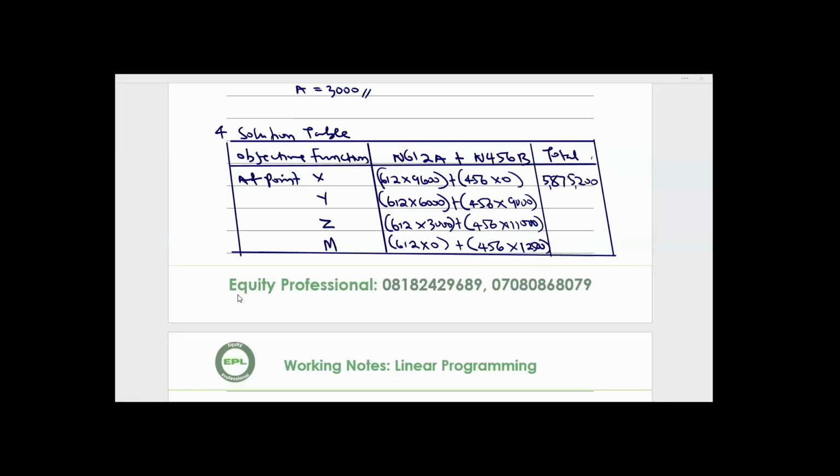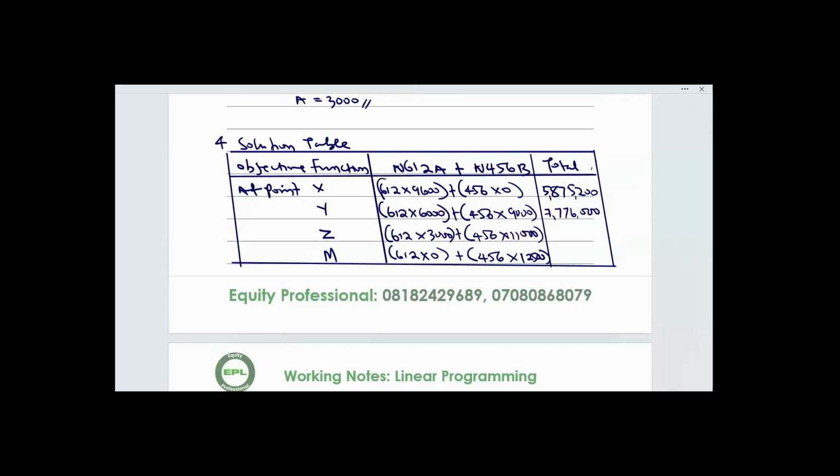Then the second one, you open a bracket, 612 multiplied by 6,000. Close the bracket. Plus, open another bracket, 456 multiplied by 9,000. Close the bracket. Then equal 7,776,000.